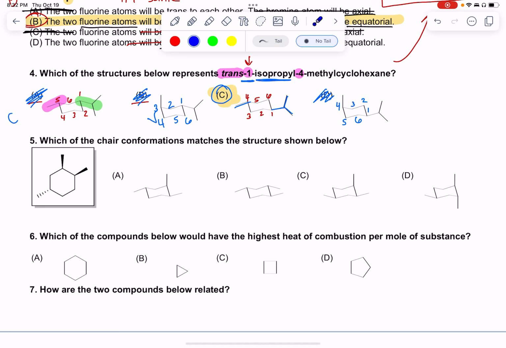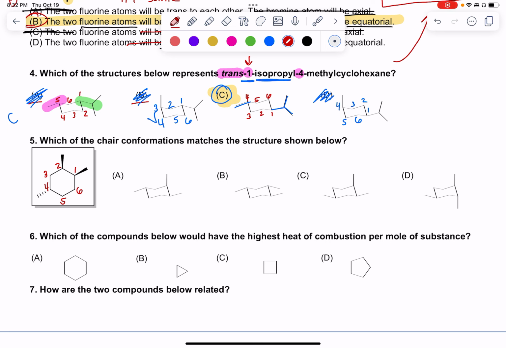And then I'm going to say, okay, if I go this way, it's a shorter way around. There's only 1 carbon in between these substituents versus 2 carbons in between this way. So I'm going to say, here's a group, and I want to number and go this way. So this will be 1, this will be 2, 3, 4, 5, and 6.